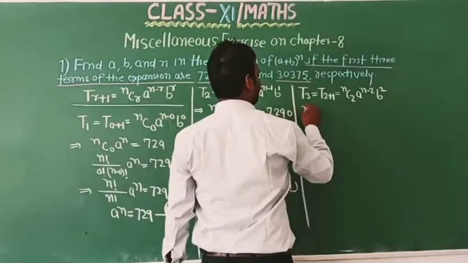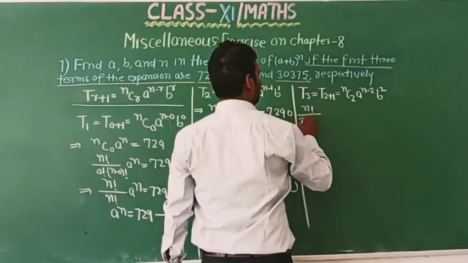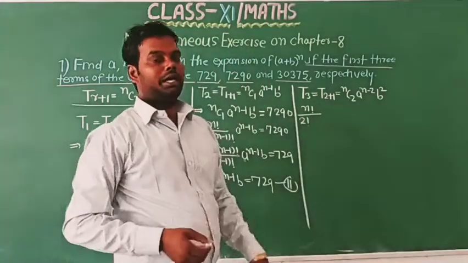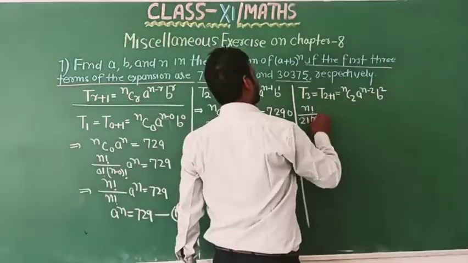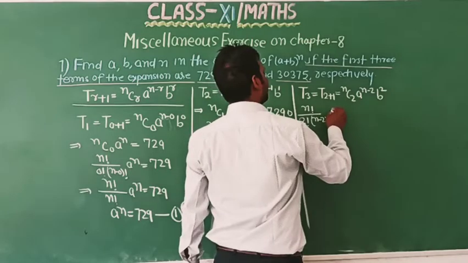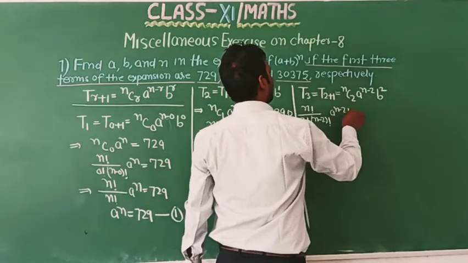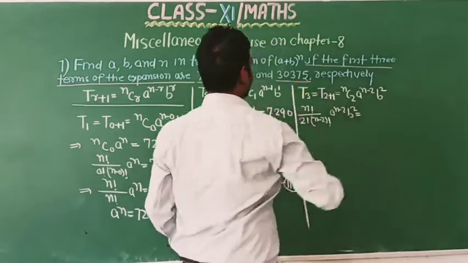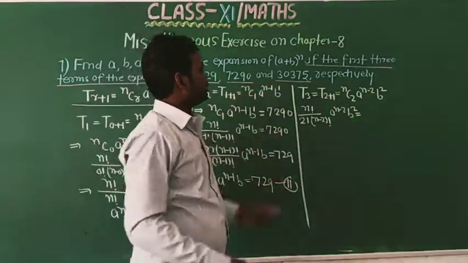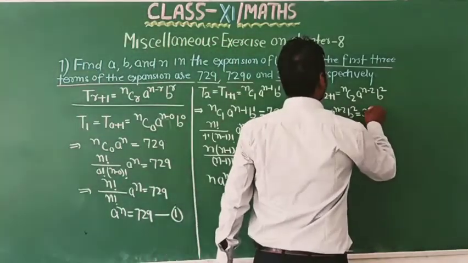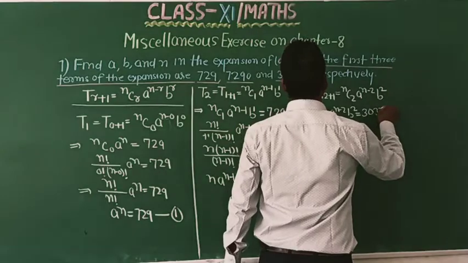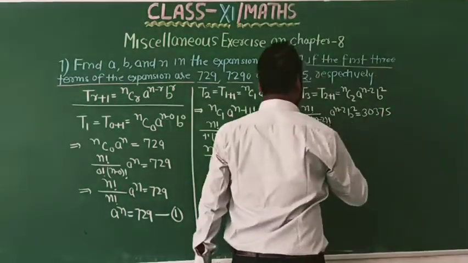So this is n factorial upon 2 factorial and n minus 2 factorial, a to the power n minus 2 and b to the power 2, which is equal to the given third term, 30375.